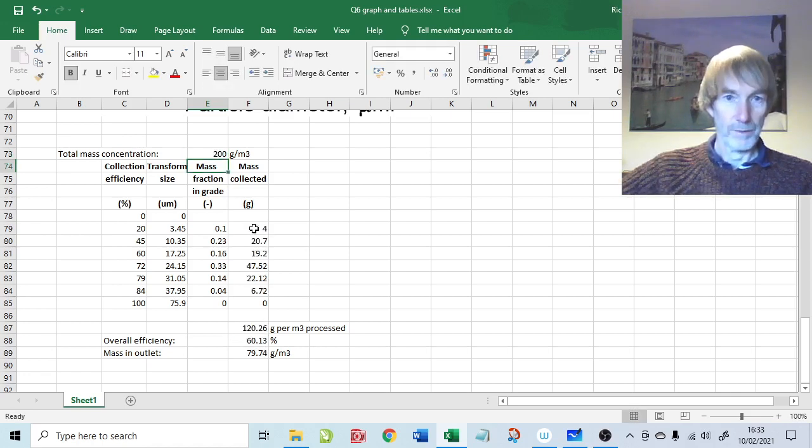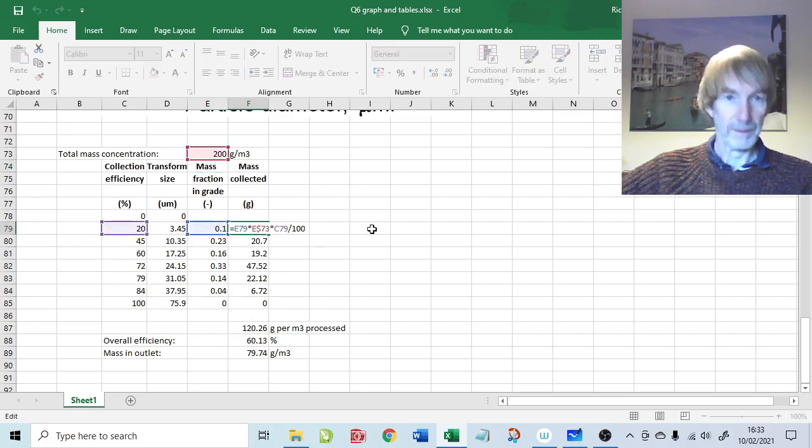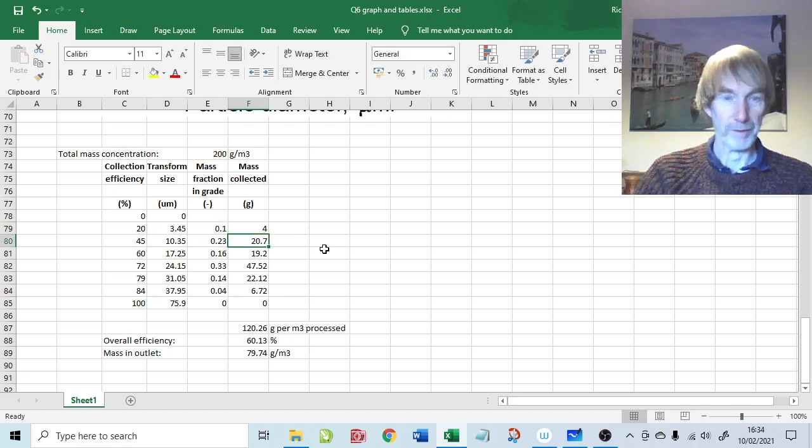And therefore, we can do the calculation: the collection efficiency divided by 100, which you can see over here, times the actual amount that's going in, which is 200 grams per metre cubed, times the mass fraction of that 200 grams, which is obviously 0.1 for this particular row, gives us 4 grams.